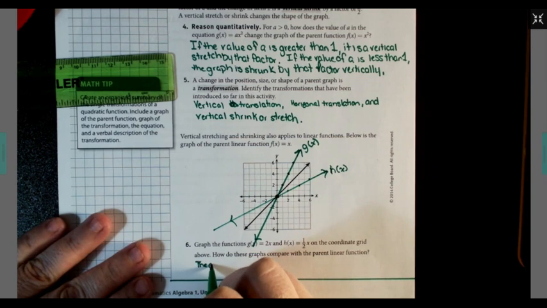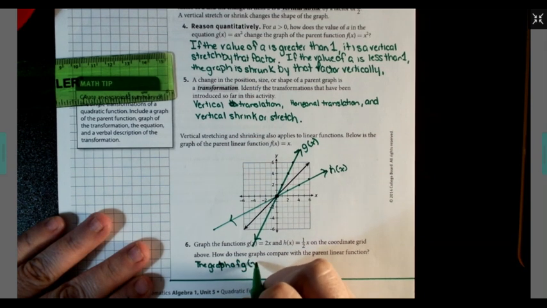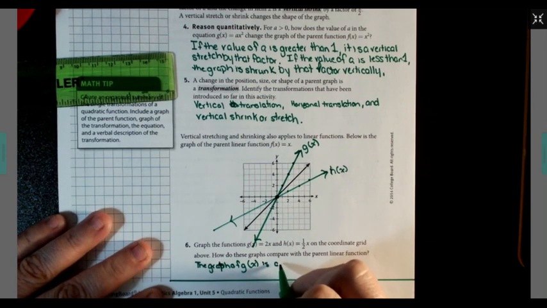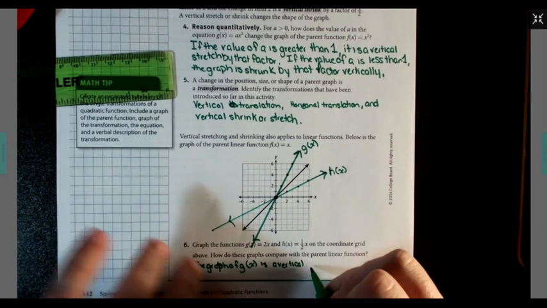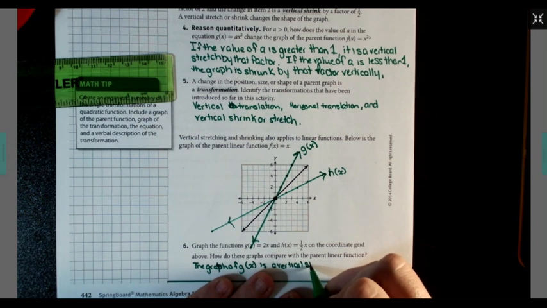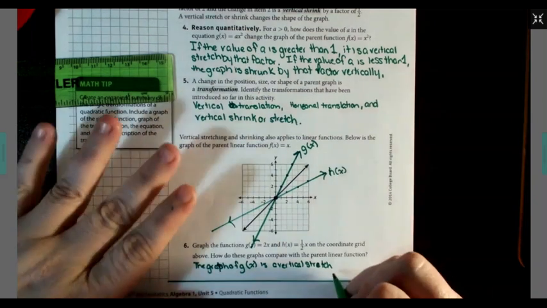The graph of g of x is a vertical stretch, making the line appear steeper.